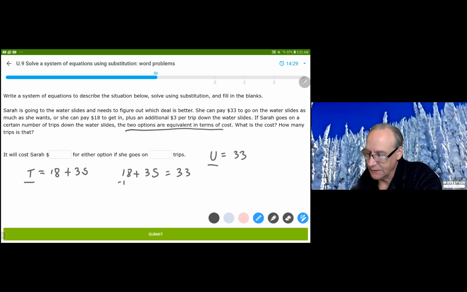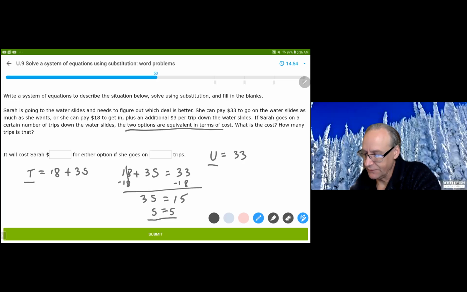We subtract 18 from both sides. Unfortunately, we tend to overestimate the number of trips we're going to take. You get a little tired climbing the stairs up to the slides. Let's see, that's going to be 15, isn't it? And we're going to divide by 3 on both sides.